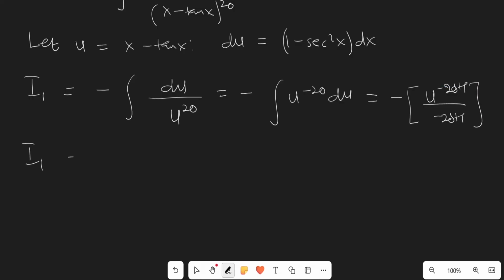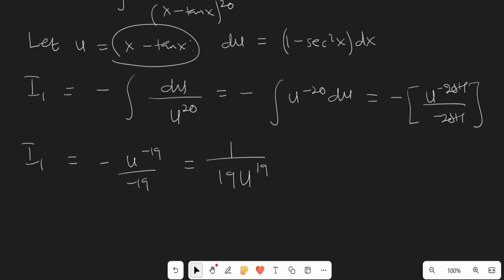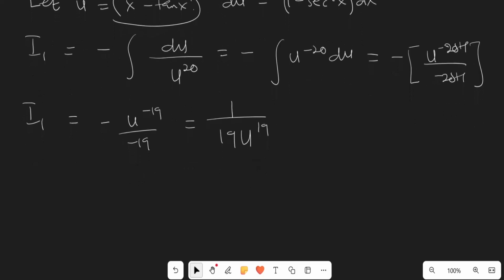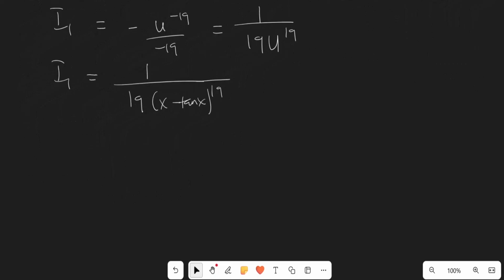So I1 becomes negative u raised to the power -19 over -19, and that becomes 1 all over 19 u raised to the power 19. But what is u? u was x minus tan of x. So our integral I1 becomes 1 all over 19 (x minus tan of x) all raised to the power 19. This is the value of our first integral.